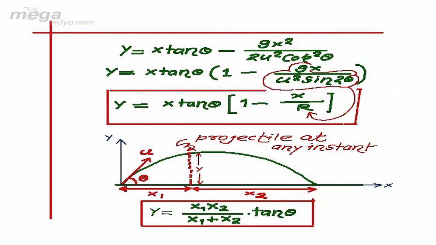Then the equation of trajectory reduces to its new form: y equal to x1 x2 upon x1 plus x2 times tan theta.